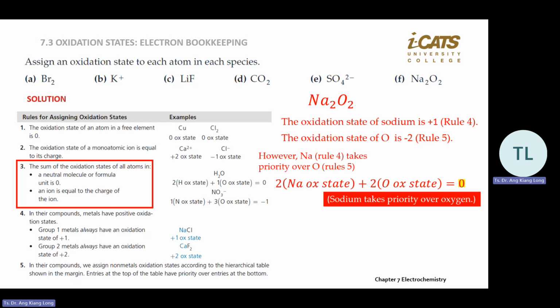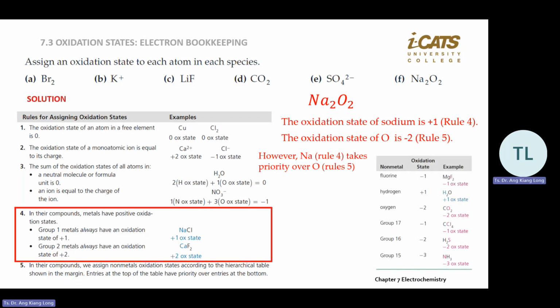Fluorine, oxygen, what else? Fluorine, oxygen, hydrogen. These 3: fluorine, oxygen, hydrogen, then groups 5, 6, 7, or groups 17, 16, 15.